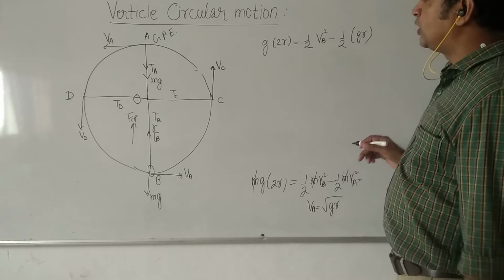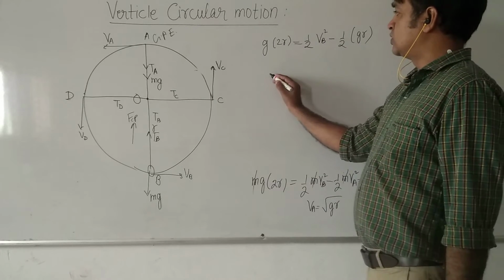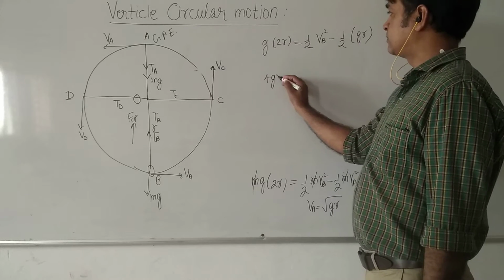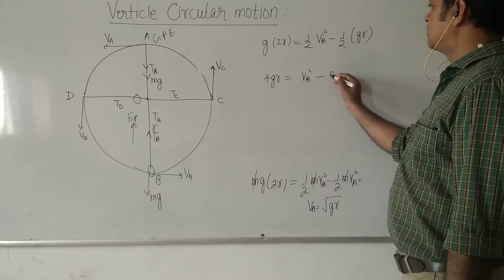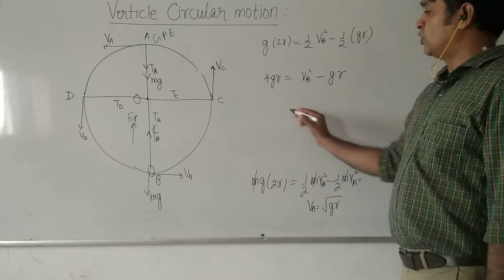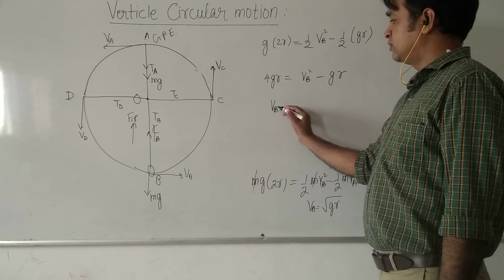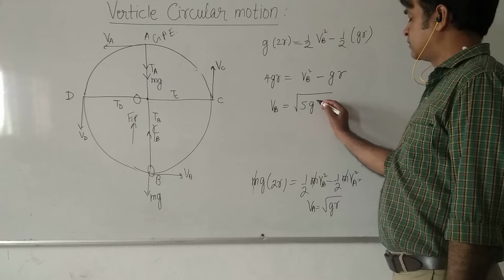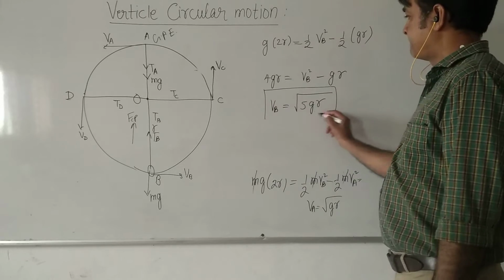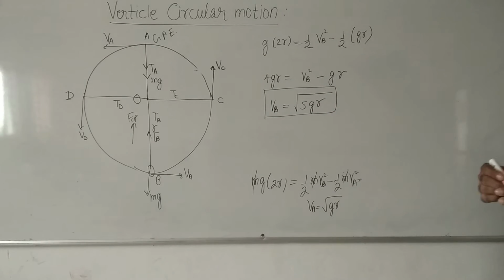Now multiply by 2 both sides. So 4gr equal to Vb square minus gr. So velocity at the bottom of the stone is under root 5gr. Note down.